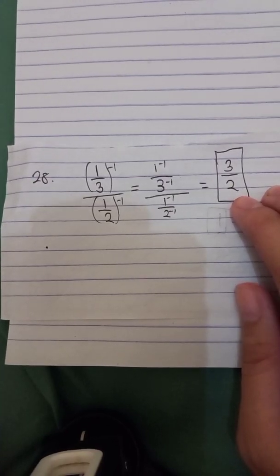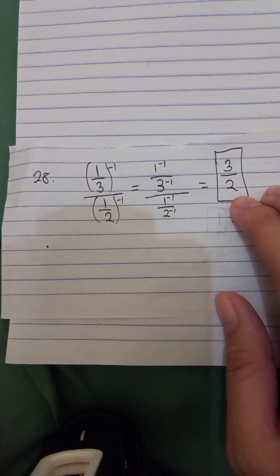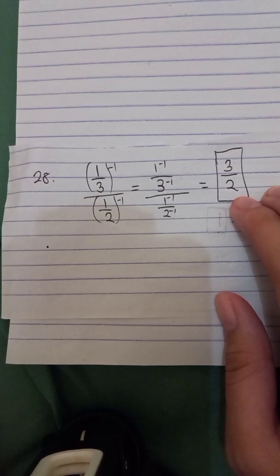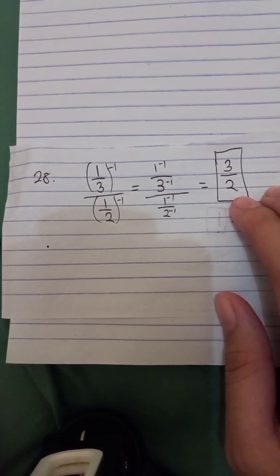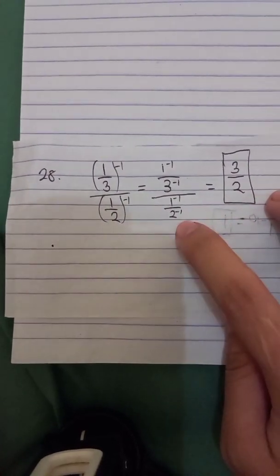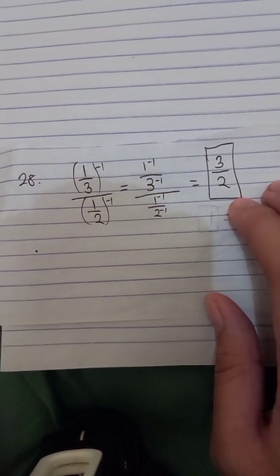Next is 1 to the power of negative 1 is 1 and 2 to the power of negative 1 is negative 2. So we will move the 2 to the numerator for it to become positive, so the final answer is 3 halves.